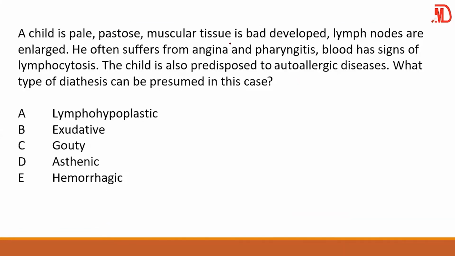All right. Child is pale, pasty, muscular tissue is badly developed, the lymph nodes are enlarged. He often suffers from angina and pharyngitis. Blood has signs of lymphocytosis. The child is also predisposed to autoallergic diseases.